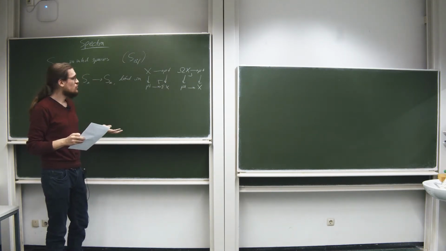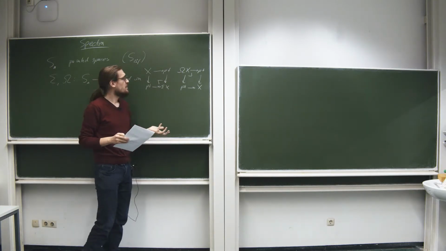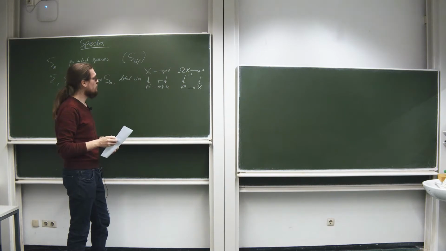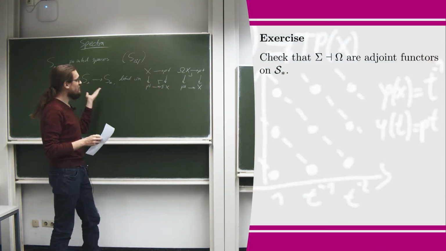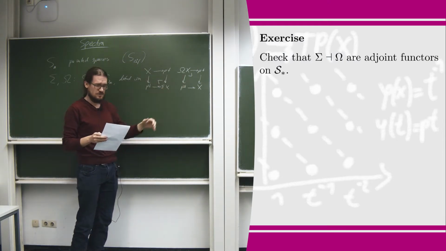And if you're used to thinking about suspension and loops in a more geometric way, then it's a good exercise at this point to check for yourself that the functor Σ is left adjoint to the functor Ω using this definition.